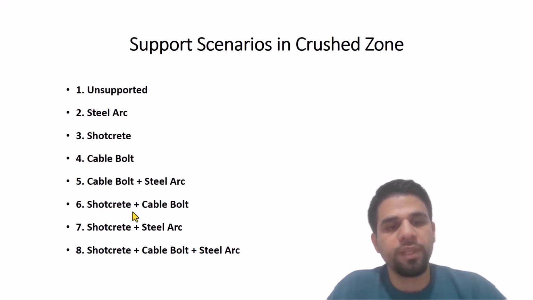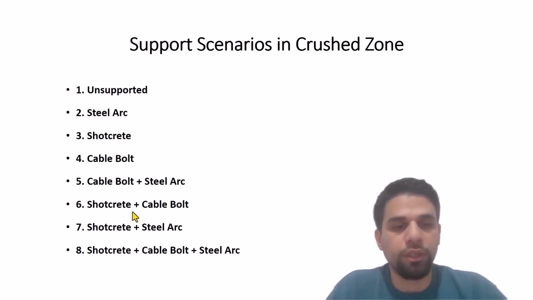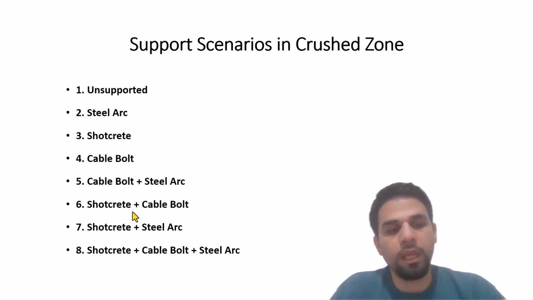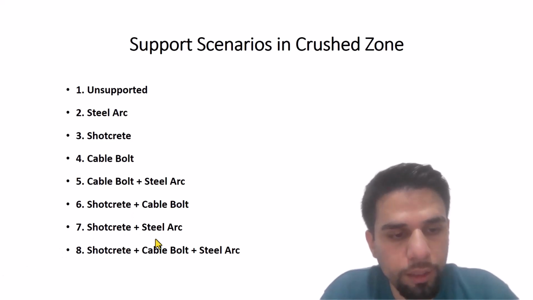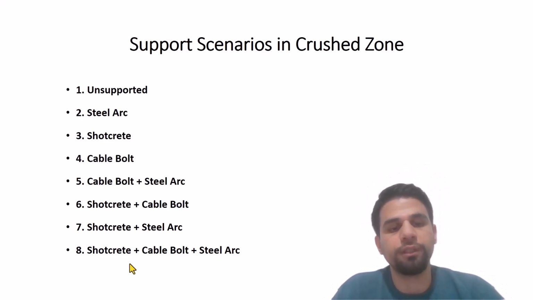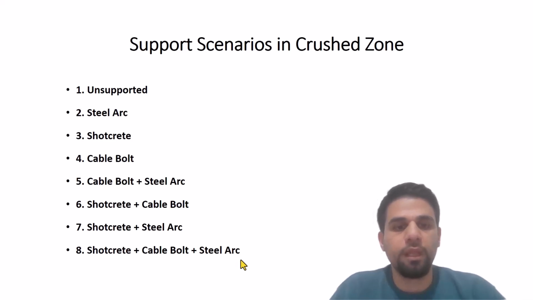Number 6 is shotcrete in combination with cable bolt, and number 7 is shotcrete and steel arc. Number 8 is shotcrete, cable bolt, and steel arc. Of course, we can model this combination, number 8, just with FLAC2D version 8. In FLAC2D version 9, we cannot model a steel arc.